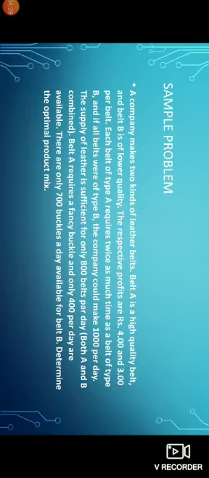The supply of leather is sufficient for only 800 belts per day, both A and B combined. Belt A requires a fancy buckle and only 400 per day are available. There are only 700 buckles a day available for belt B. Determine the optimal product mix.